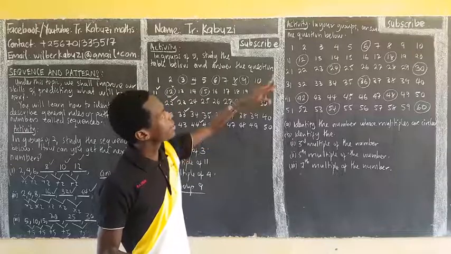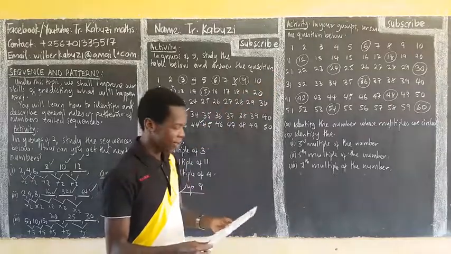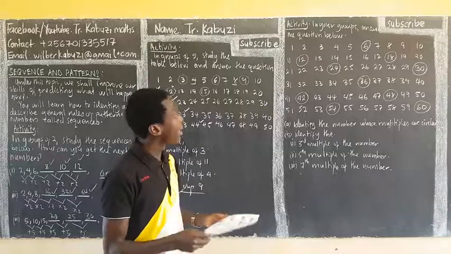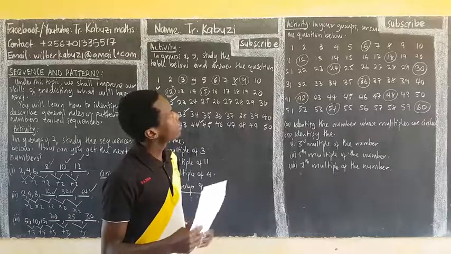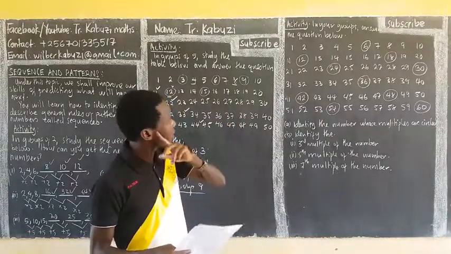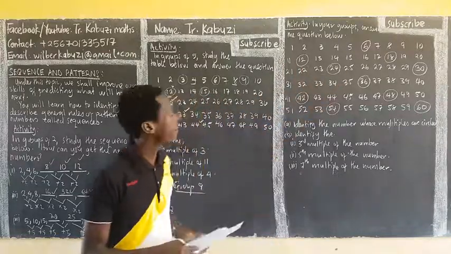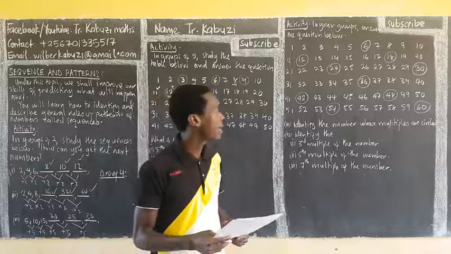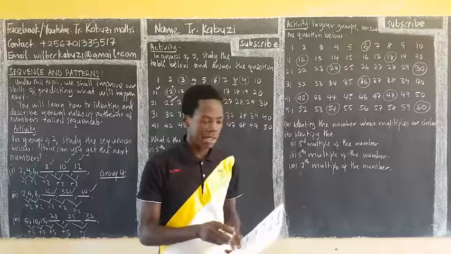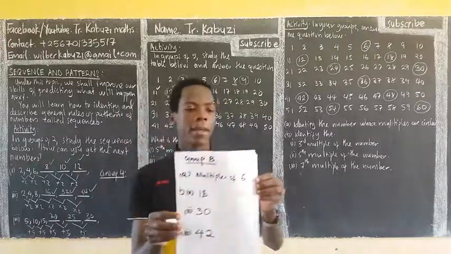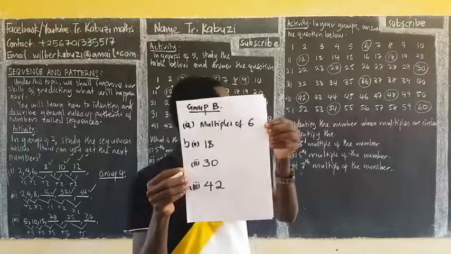Now let us come to this one. We are going to use group B. So the question is, in your groups, so you remain in these groups, answer the questions below. Now they are circling certain numbers. Identify the number whose multiples are circled. This is what they are able to present.